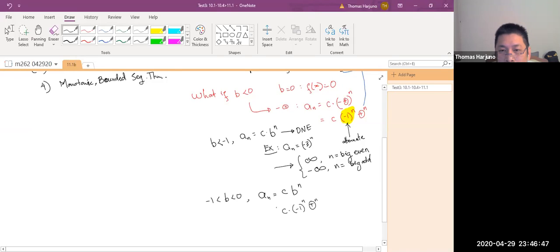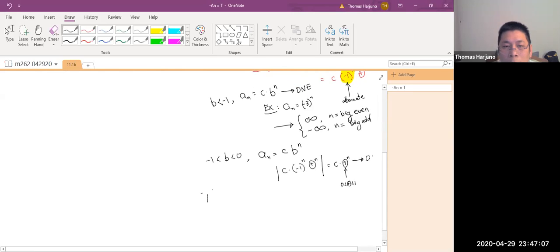But when we take a look at the absolute value, that's basically c times positive to the n. And notice that the positive base here will be from 0 to 1, right? And this goes to 0. From one of our theorems, if the absolute value of the sequence goes to 0, then the sequence itself goes to 0.